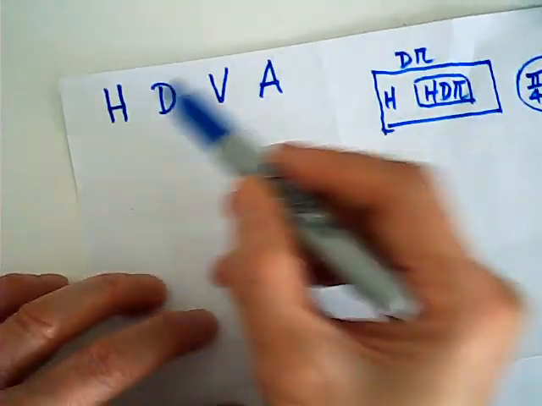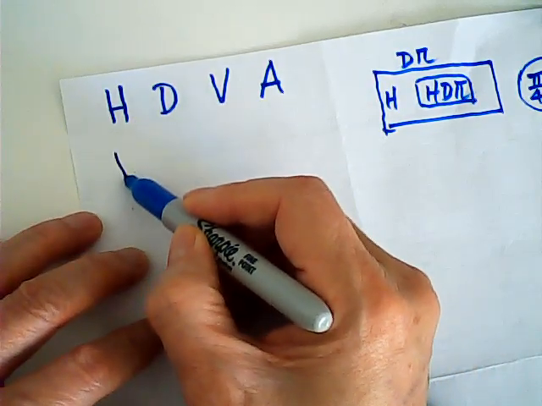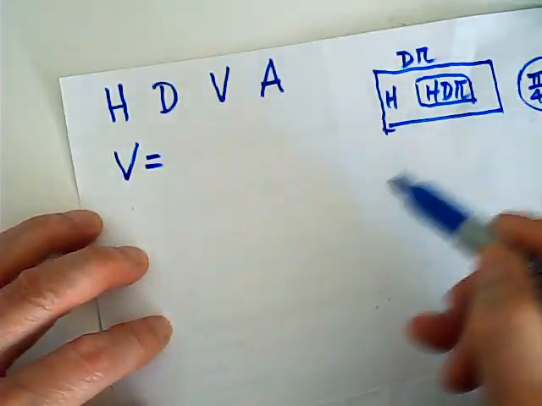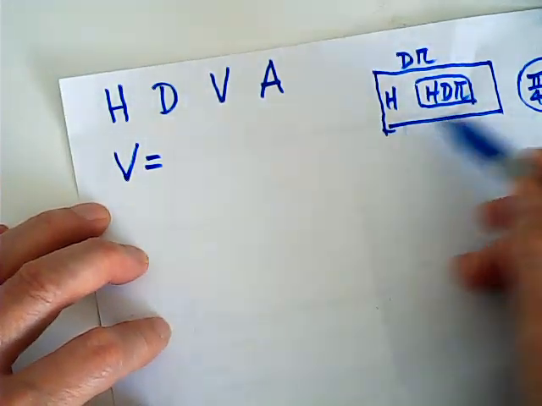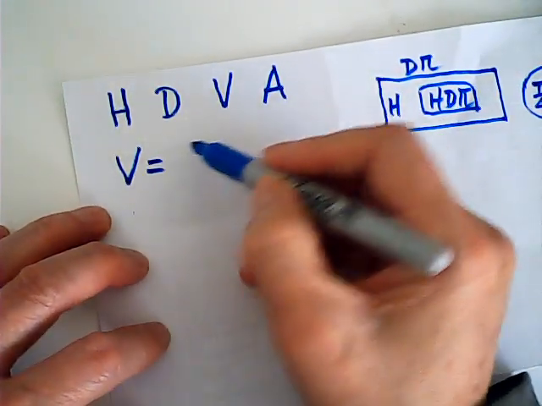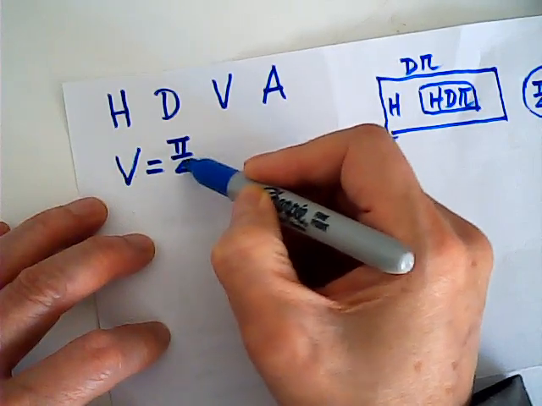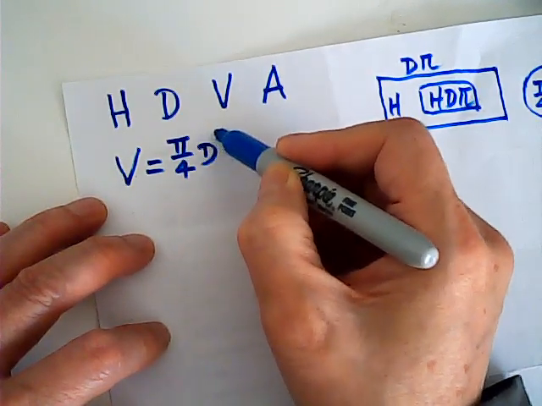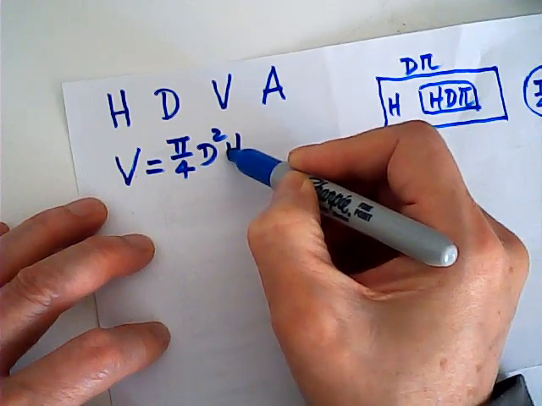So the volume, the capacity, will be the base area times the height, right? So this is quarter pi d square times h.